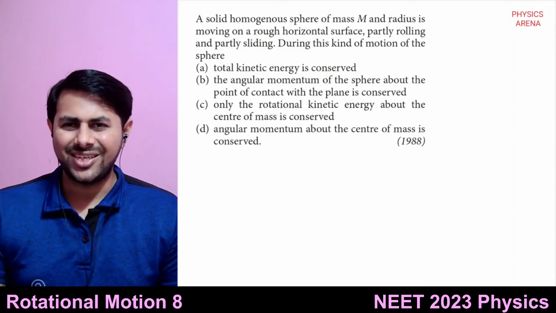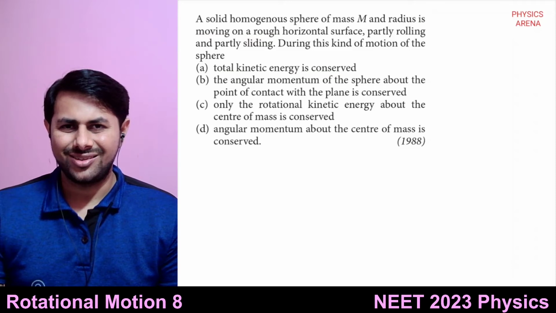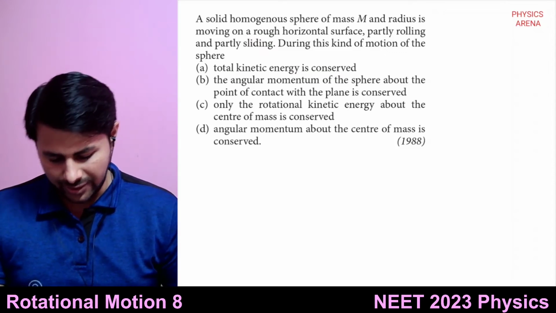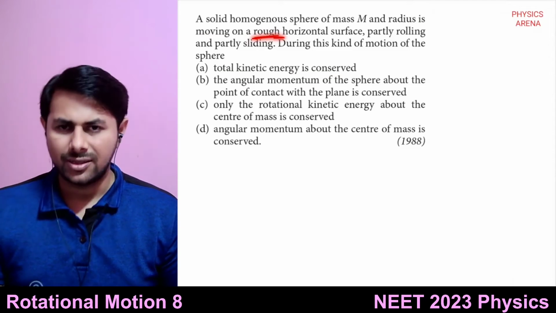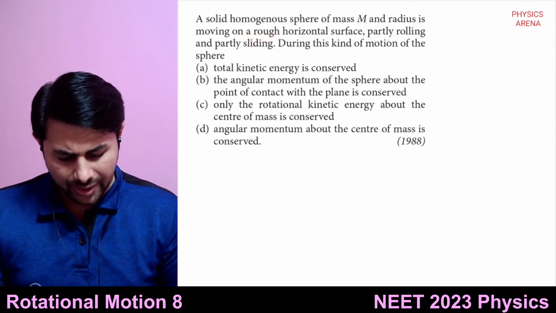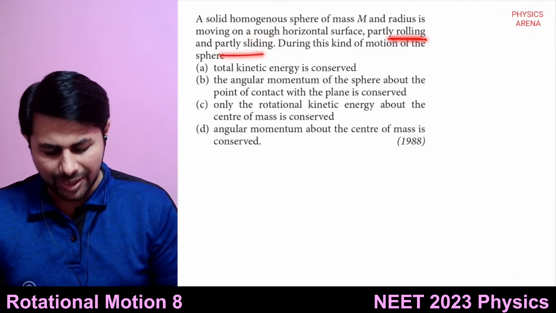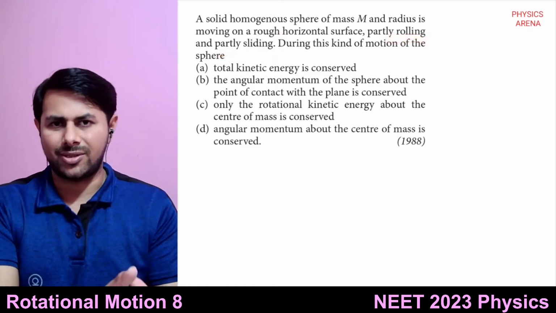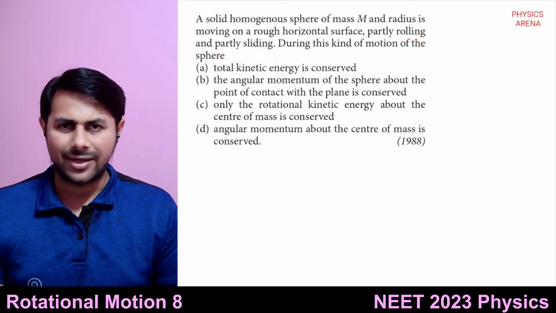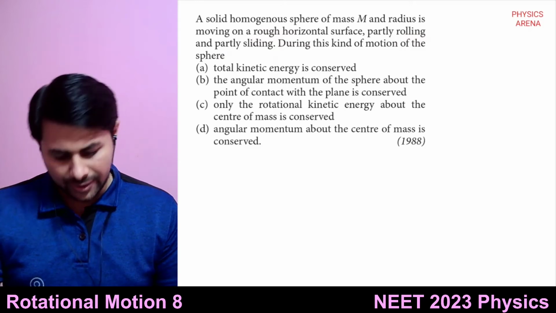Speed decreases, so will kinetic energy be conserved or not? Not conserved, right? Speed is decreasing. It is given that it is a rough surface, and it is partly rolling and partly sliding. If it slides on a rough surface, speed will decrease, so kinetic energy is not conserved.